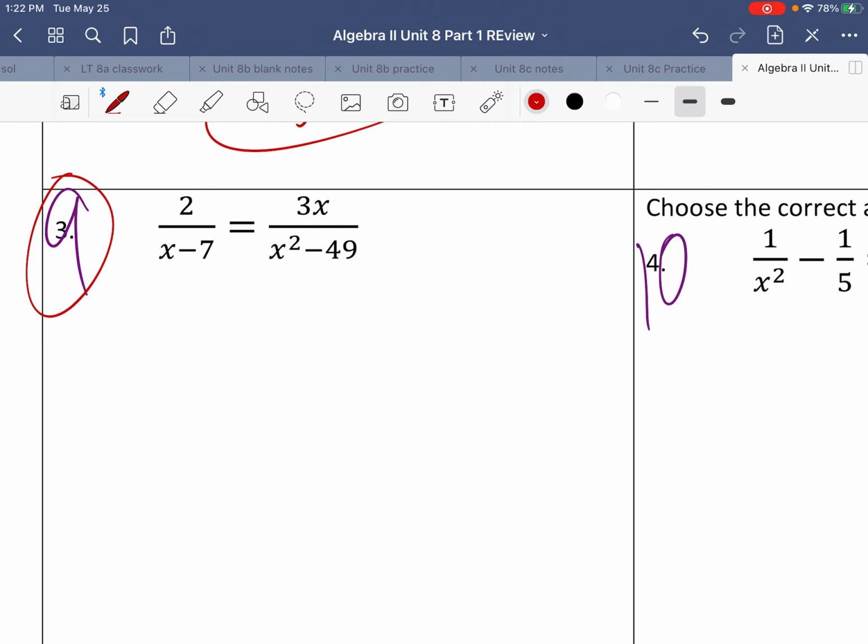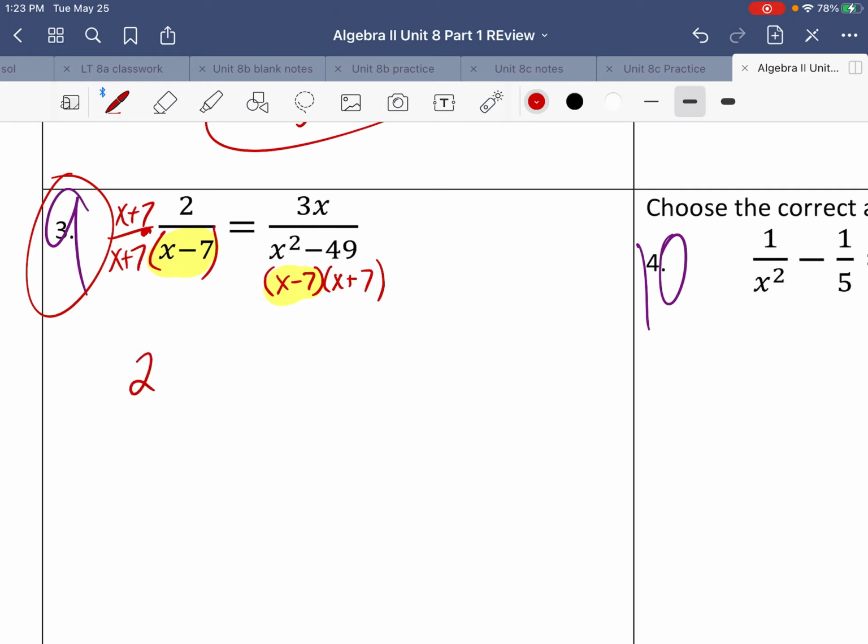Number 9. Here we can't just easily look and see what we have for denominators. We have an x minus 7, that's factored. X squared minus 49, that is a difference of squares, which is x minus 7, x plus 7. We already have stuff in common, x minus 7. But we don't have an x plus 7 in common, so we need to multiply by x plus 7.